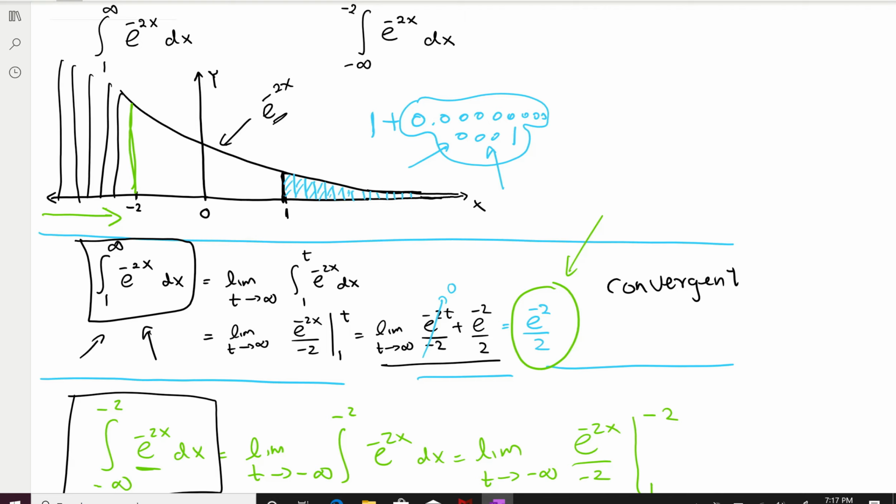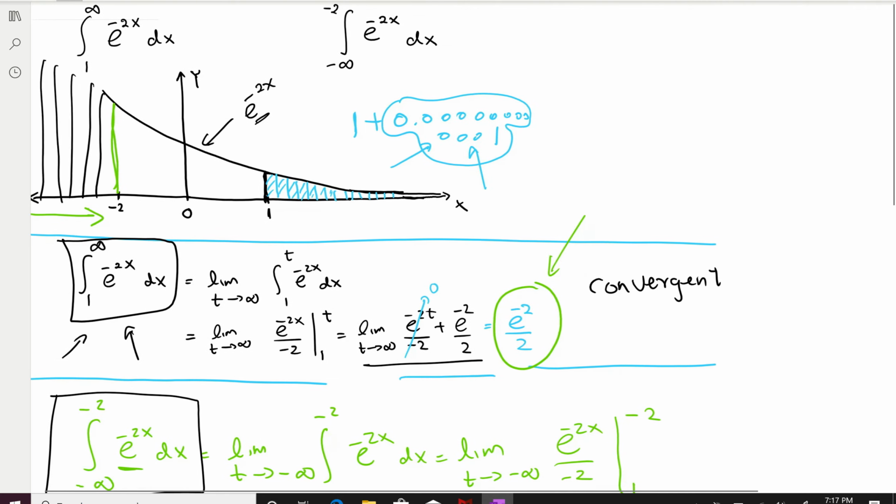You don't need to think too much about this. The bottom line here is that if you want to decide whether an integral is convergent or divergent, you have to solve the improper integral. Write the correct definition, use the limit, evaluate the integral, take the limit, and take that final answer.